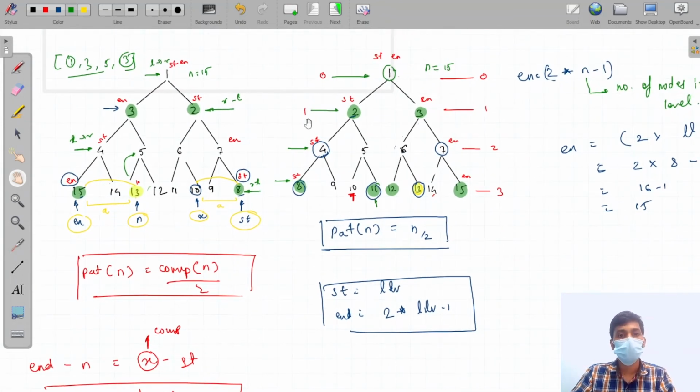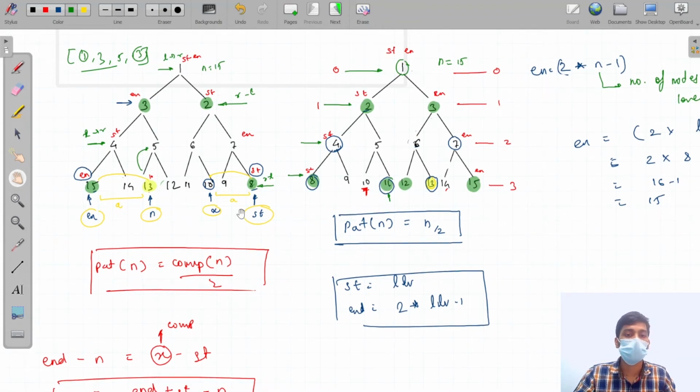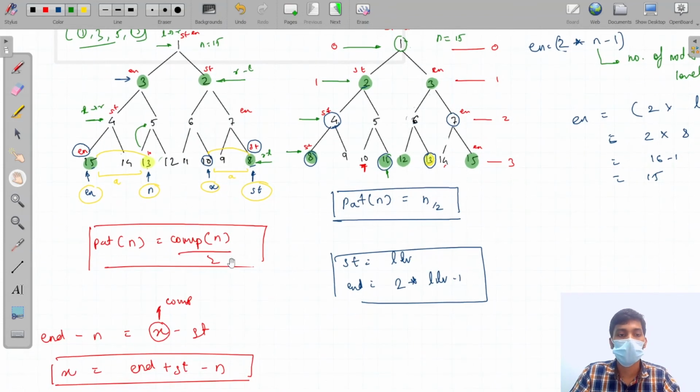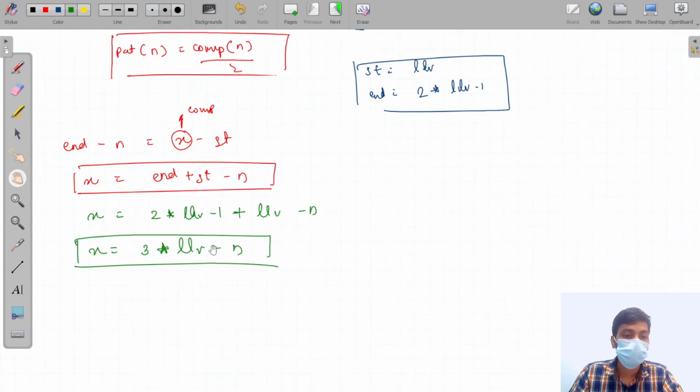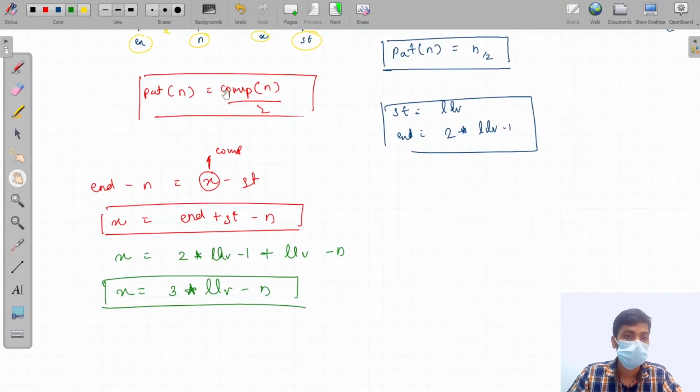And for better understanding, always draw this general tree and this given tree and try to compare these things. Actually we did nothing but compare these two things and derive all these formulas, right?